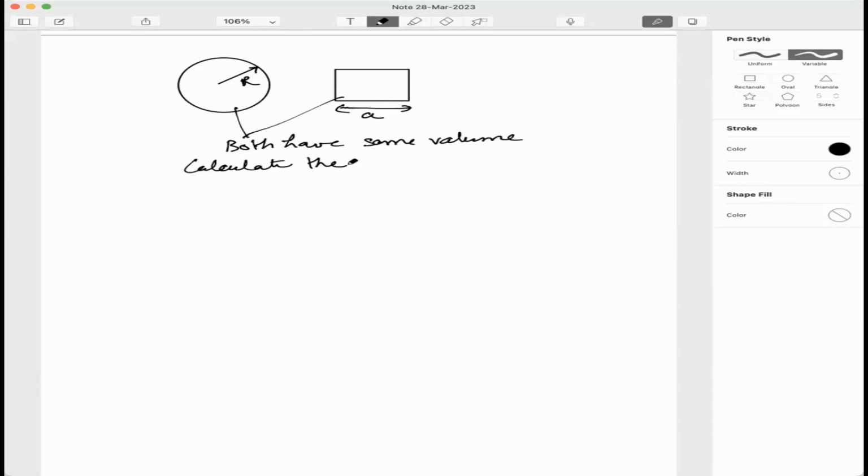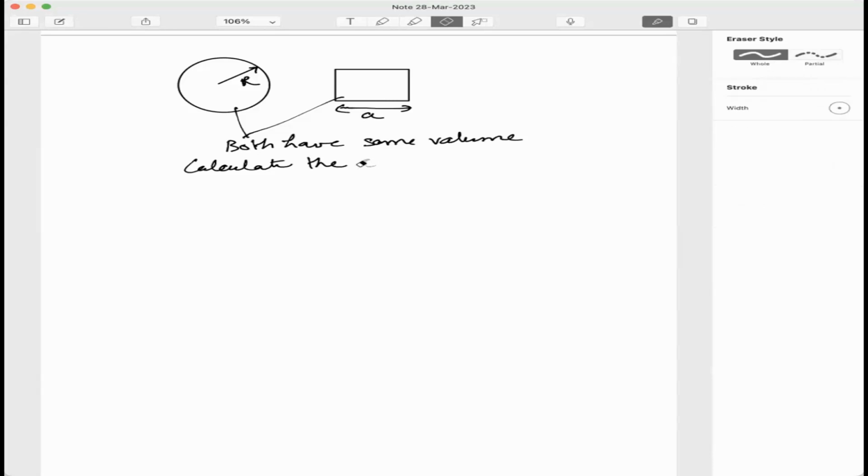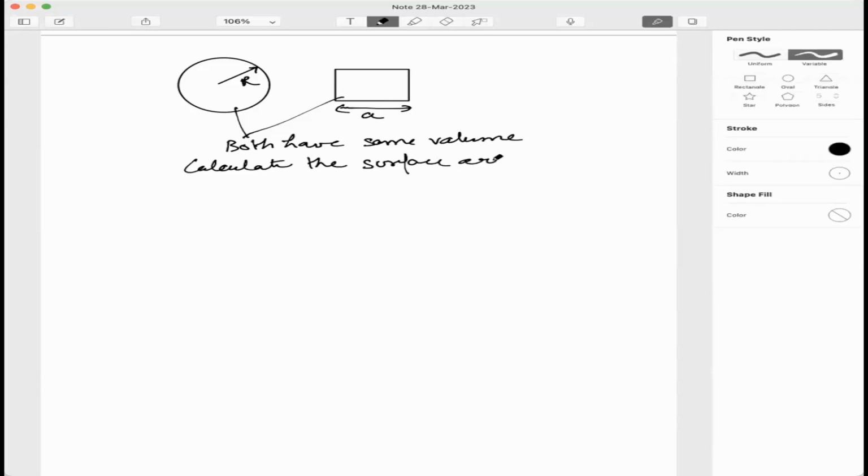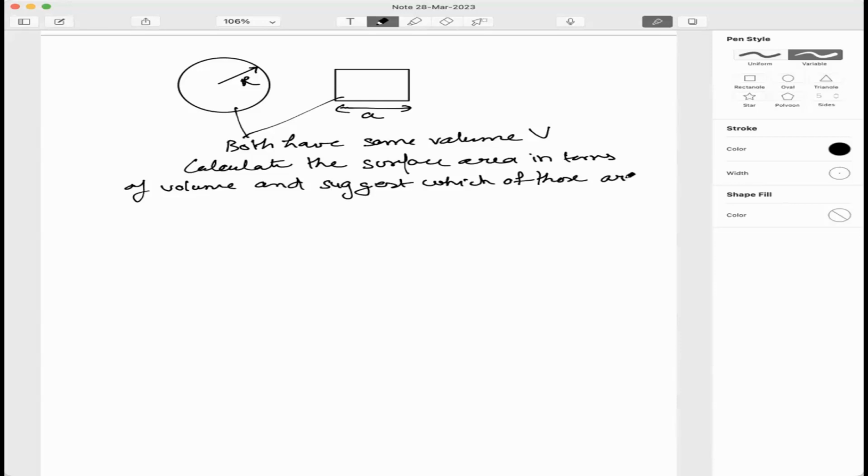Calculate the surface area in terms of volume and suggest which of these has the minimum surface area.